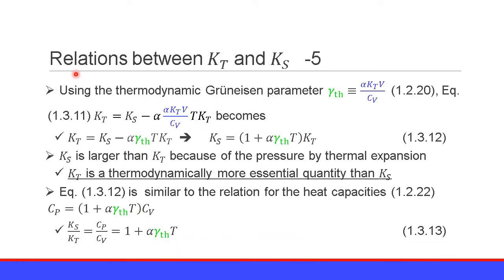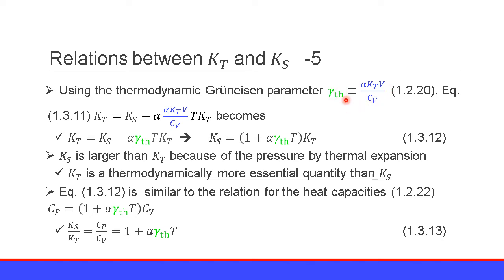In the previous section, we defined the thermodynamic Grüneisen parameter gamma th, which is alpha Kt V over Cv.